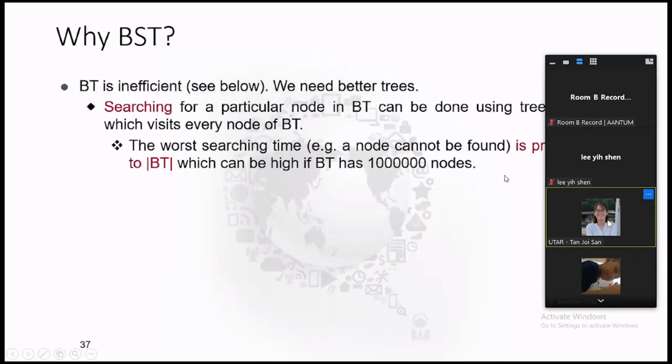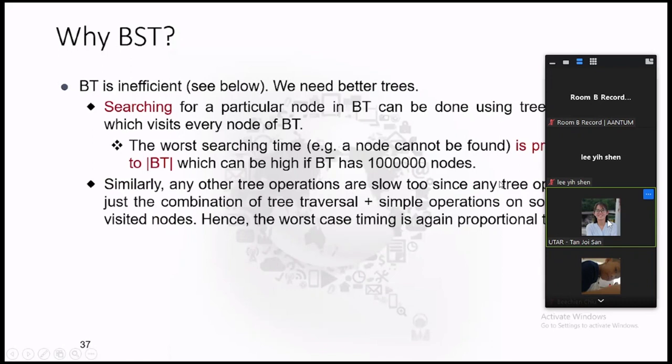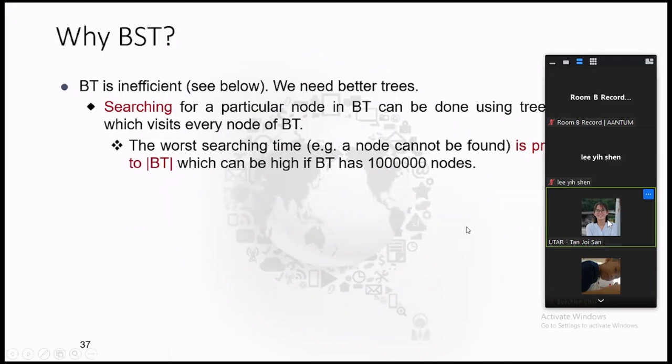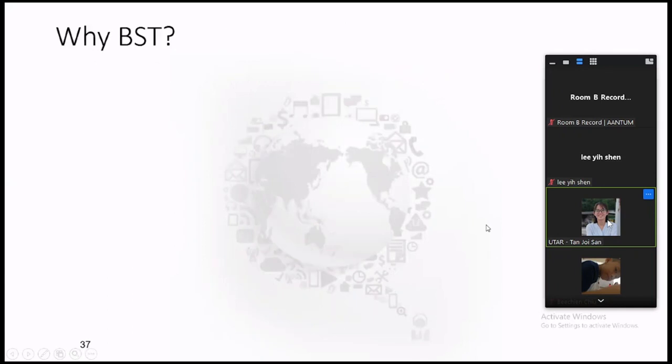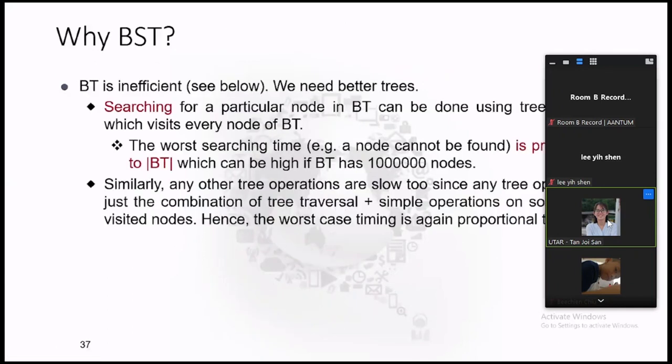So why do you need the searching of the tree? Because a binary tree itself is very inefficient. If let's say you have 100 million nodes in the binary tree, then you're trying to find, imagine you're trying to find through every single node. So how can you do it? Of course, this one, let's say you try to find A, you go through every single node over here. It's not a problem because it's just a small tree. But if you have 1 million nodes, how are you going to do it?